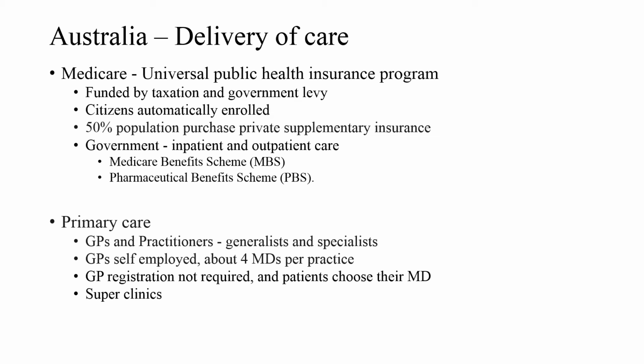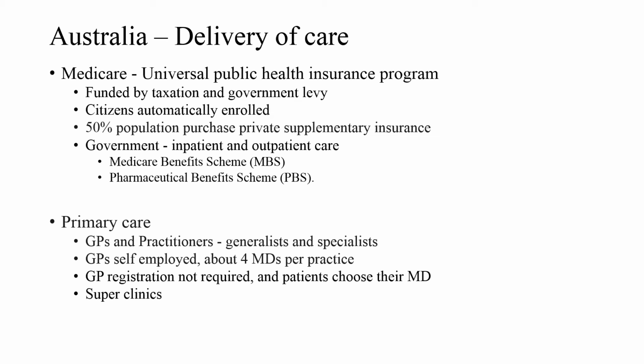And then you have primary care, which is provided by GPs and practitioners who are registered generalists and specialists. The GPs are typically self-employed, and patients can choose their own GPs in their primary care as well.